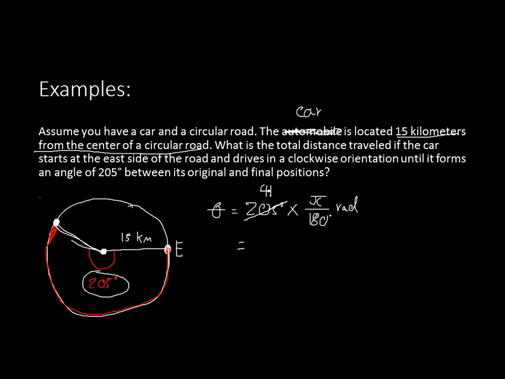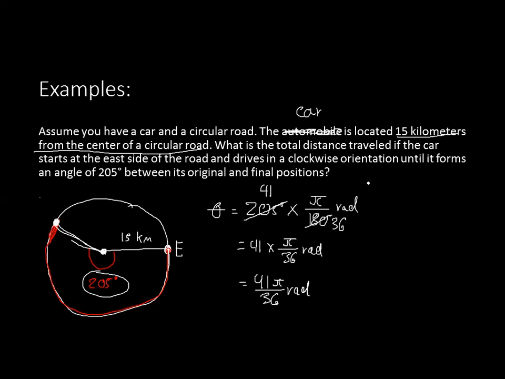Am I right? Okay, good. And 180 divided by 5 is 36. So now we have this simplified expression: 41 times pi over 36 radians. Multiplying them, we have 41 pi over 36 radians.